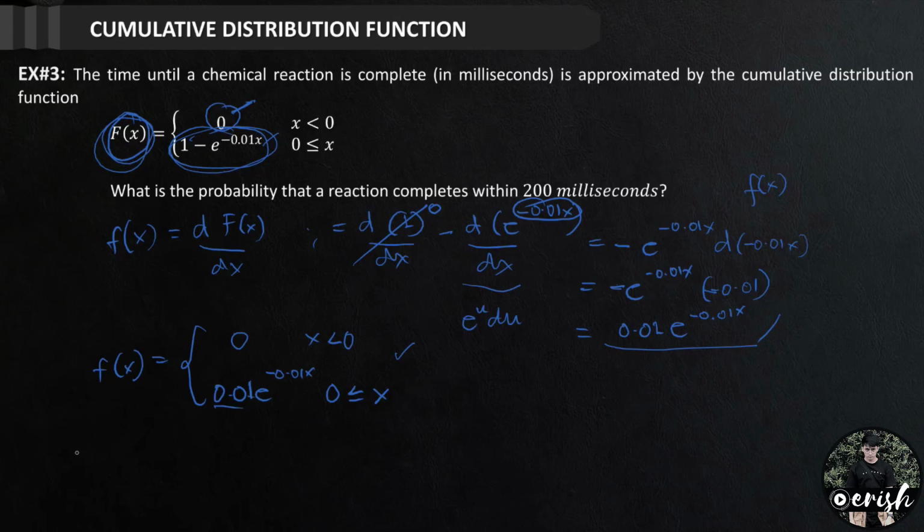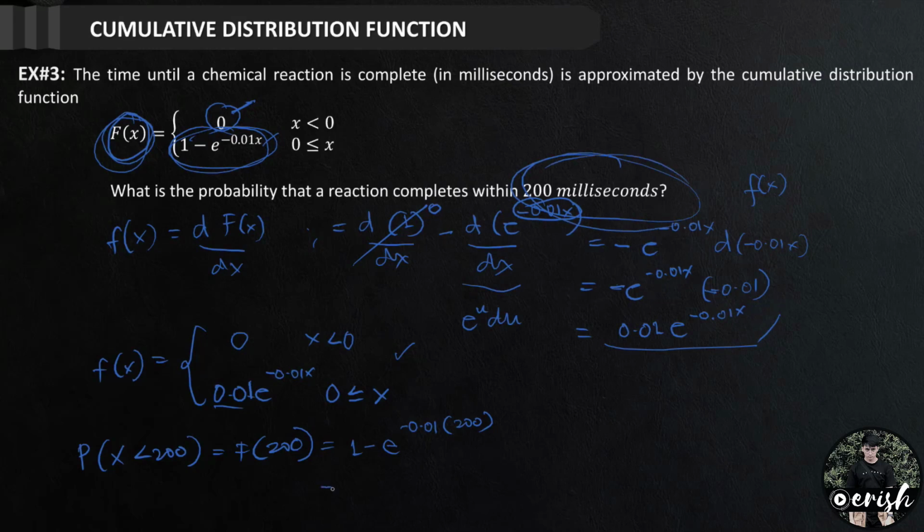For the probability of x less than 200, this is equal to F of 200, and substituting the value, we have 1 minus e raised to negative 0.01. Ang x natin is 200. Ito, this is 1 minus e raised to negative 0.01 times 200 is 2.